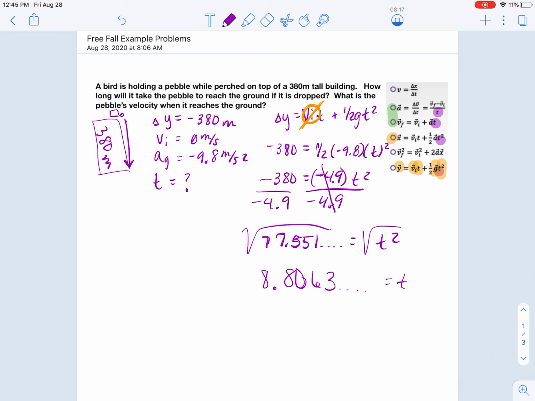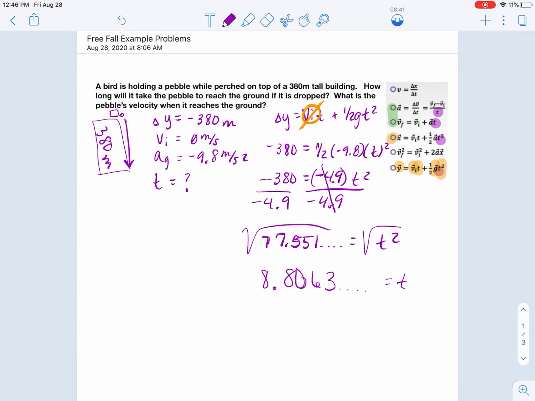So what I want you to do here is, instead of manually typing in 77.55 whatever, I want you to ask your calculator to take the square root of the last answer. So if you could locate the answer button on your calculator, we're going to square root our answer so that we don't have any variation in those decimals at the end of our calculation.